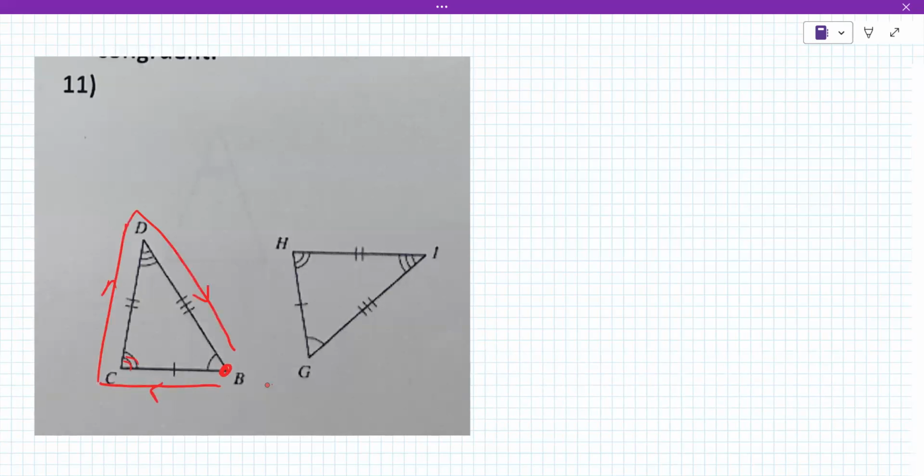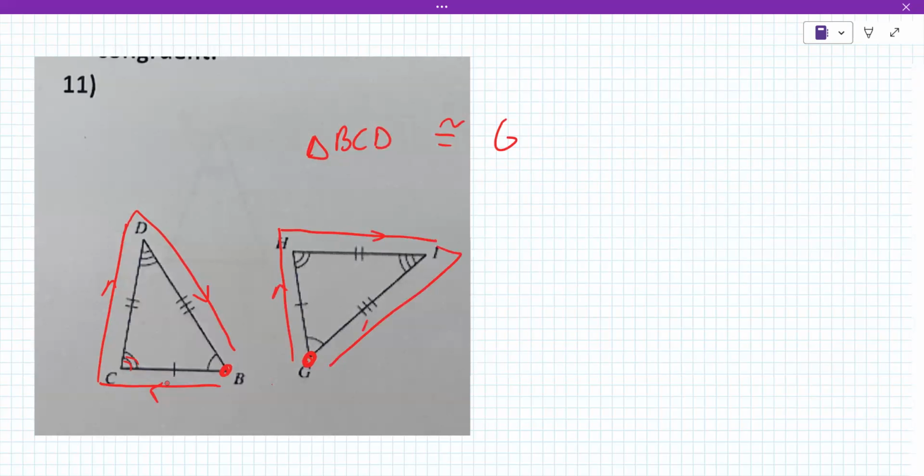So that's triangle BCD: we started at B, went to C, and then went to D. We want to take the same path on the other triangle. So you're starting at G. Where are we going from G? Are we going to H or I? H, and then to I, and then back to G. And there you have it.